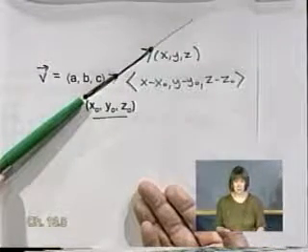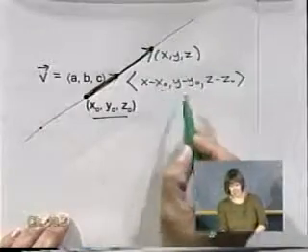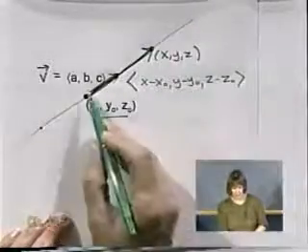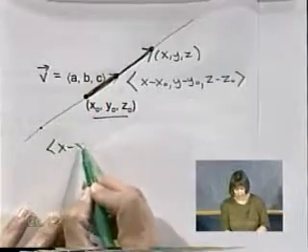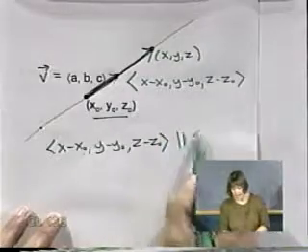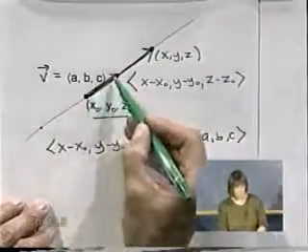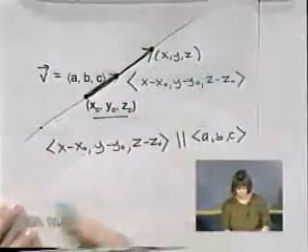And if your vectors are parallel, what do you know? That means you can multiply one vector by a scalar and stretch it to match the other one. Notice, if this green vector was going in the opposite direction, the scalar would be negative to turn the direction and then stretch it. So since the vector x minus x naught, y minus y naught, z minus z naught is parallel to vector a, b, c, there's got to exist some scalar, some number, that I can multiply by to make them equal.